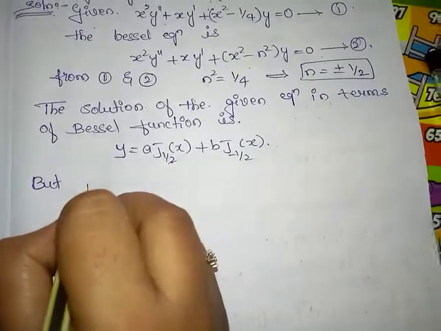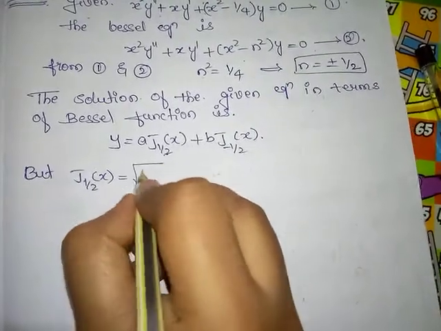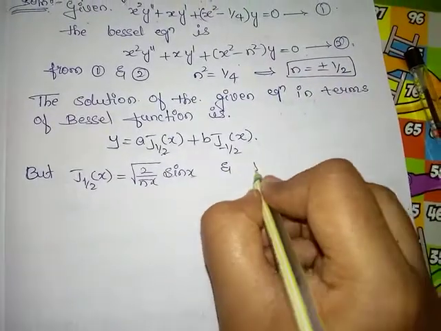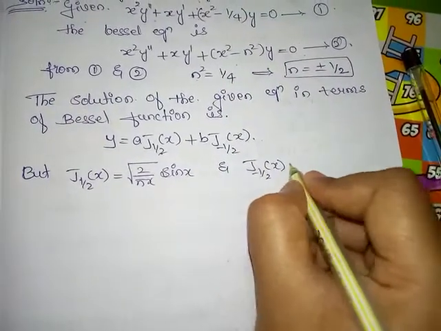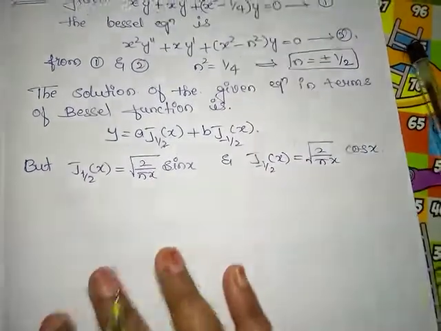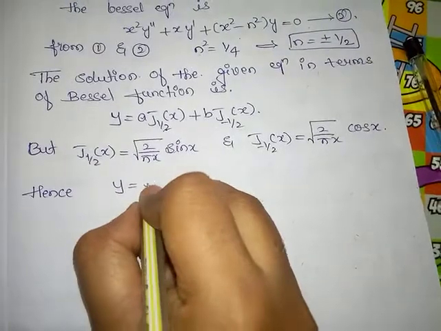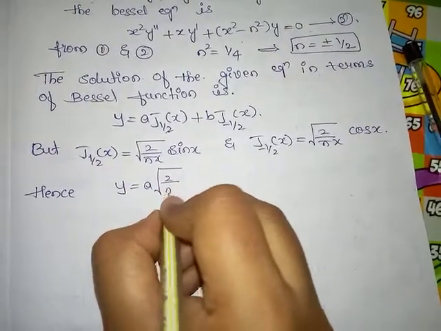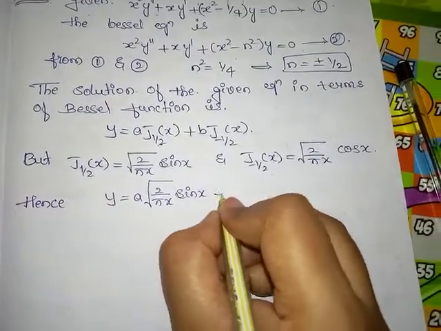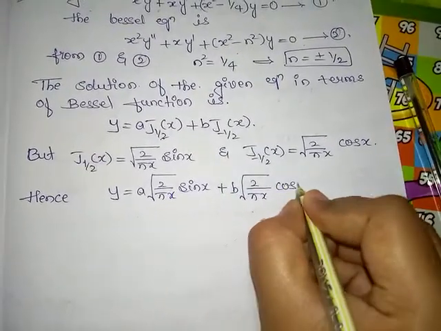J_{1/2}(x) is equal to square root of 2 divided by πx into sin x, and J_{-1/2}(x) is equal to square root of 2 by πx into cos x. Hence y = a square root of 2 divided by πx into sin x plus b square root of 2 divided by πx into cos x.